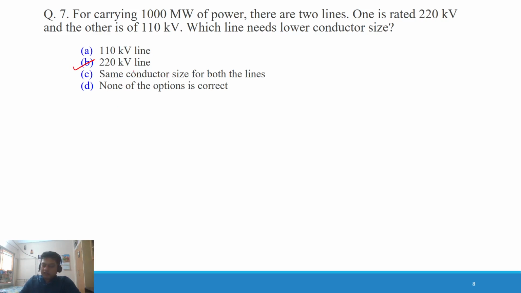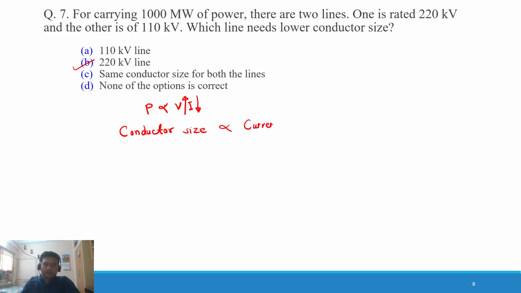For understanding, we can write that power is directly proportional to VI. If you increase the voltage, then I will reduce for carrying the same amount of power. And the conductor size is directly proportional to the current carrying capacity.